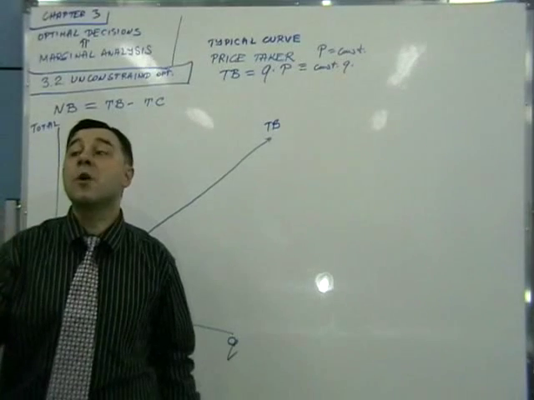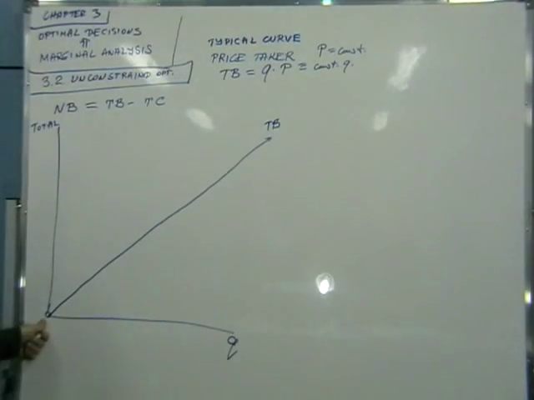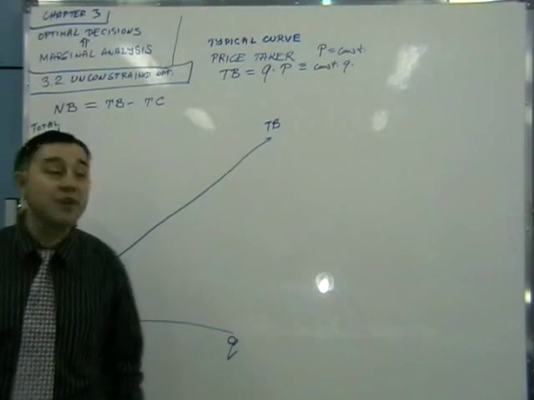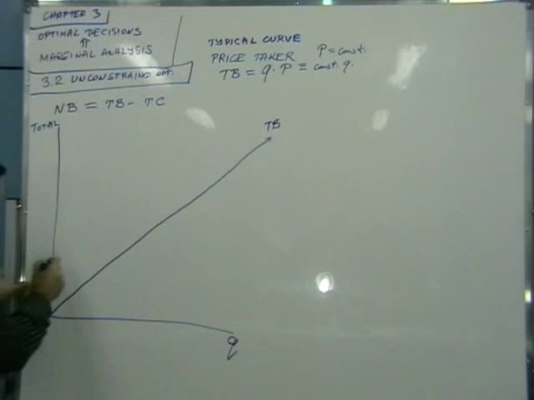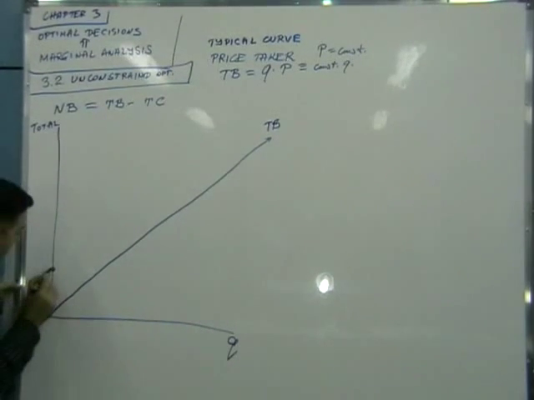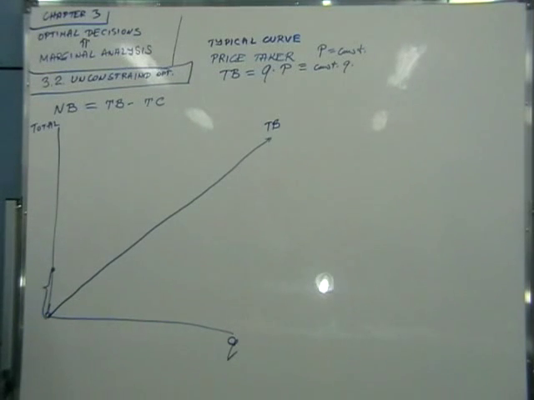Now, about cost. Cost usually is represented beginning from 0, but sometimes cost is represented to begin from some fixed value. In other words, sometimes businesses will actually have, let's use now a nicer color, fixed costs.